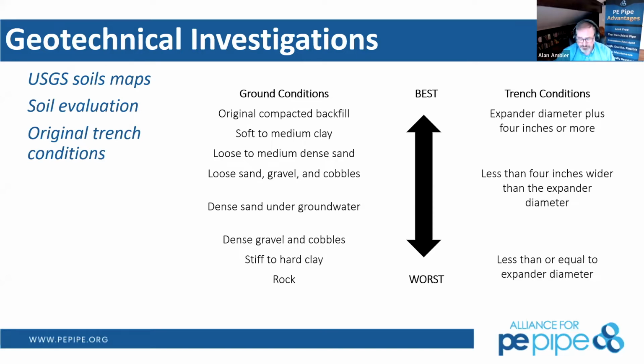So what we're looking at and preferred is that originally compacted backfill. That backfill, when it is pushed up, it creates that temporary soil cavity, and it actually creates a stronger soil at that soil arching interface. So when that expander head comes through, the bottom of that soil that just got pushed through actually arches like corn in a silo would do, and then that gets stronger in that manner.